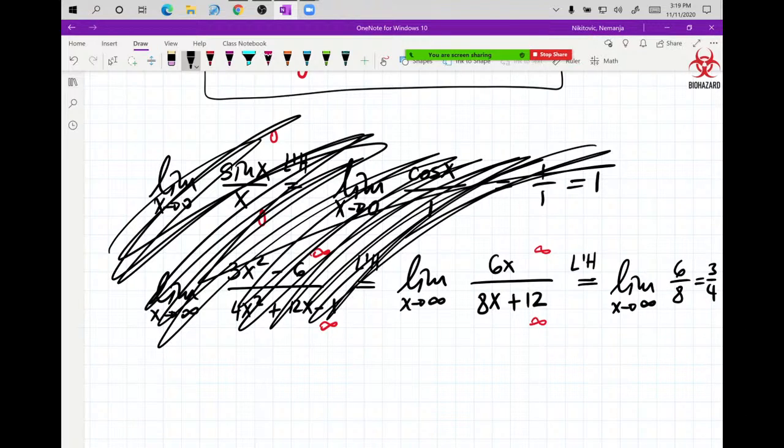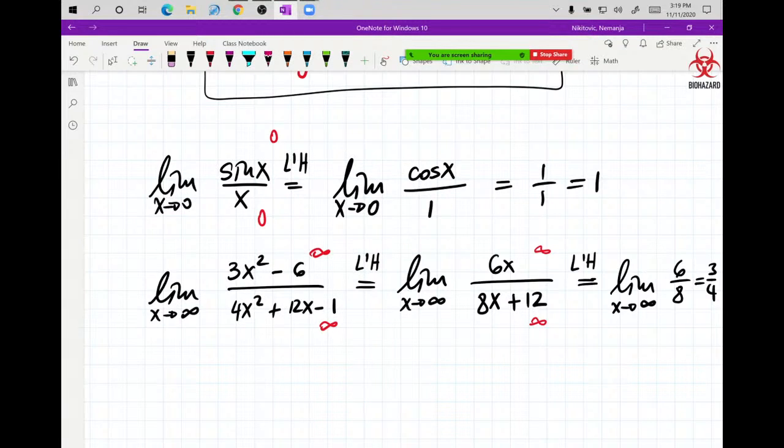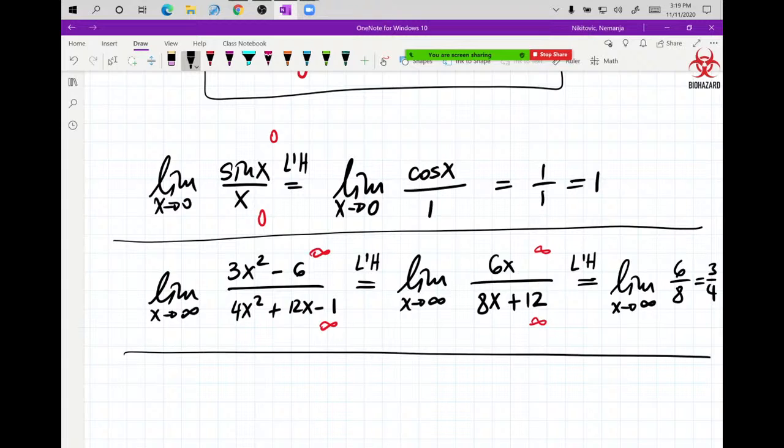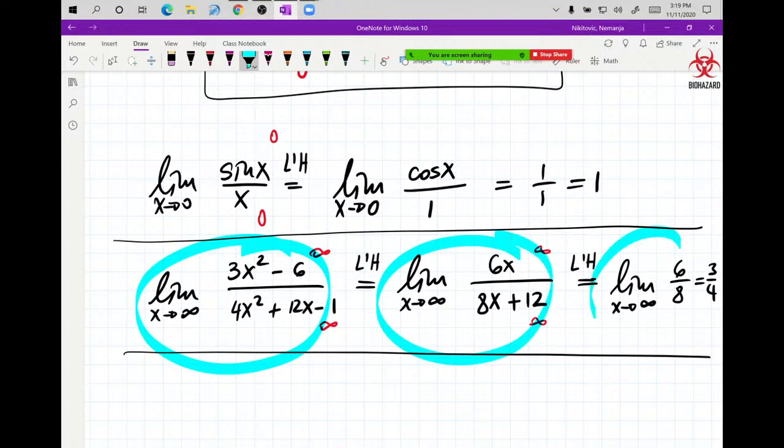Got it. Now, in this particular example, I used L'Hopital's rule twice. Every step is like an independent problem. And if the situation allows you to, go ahead, do 10 L'Hopital rules in a row.